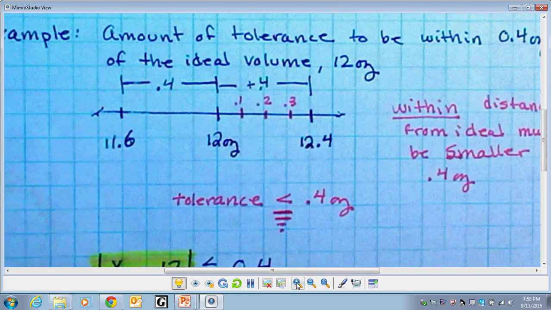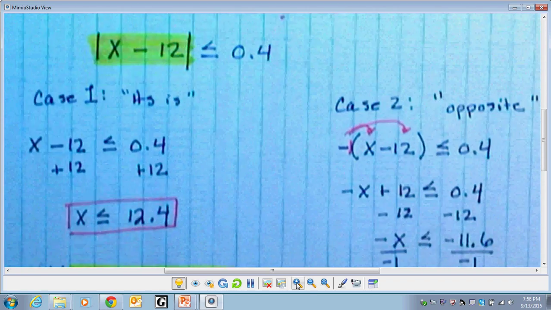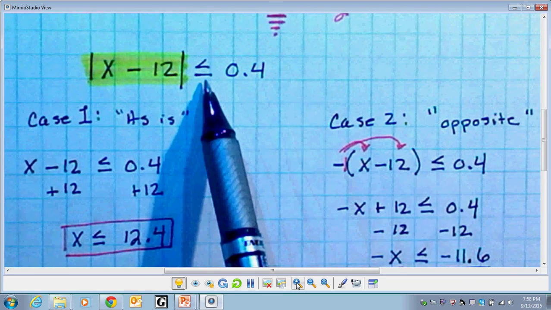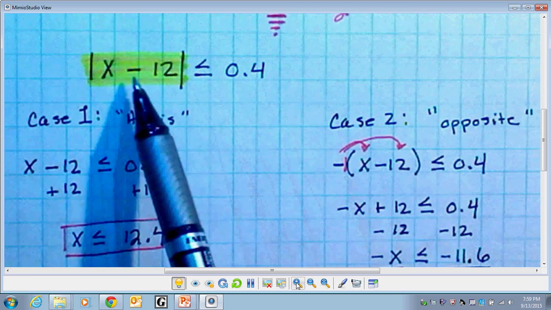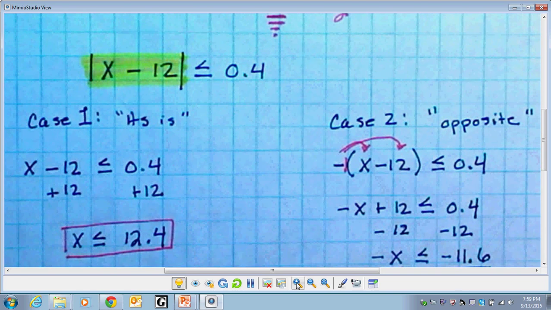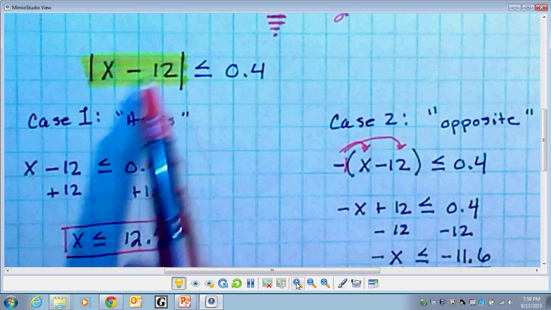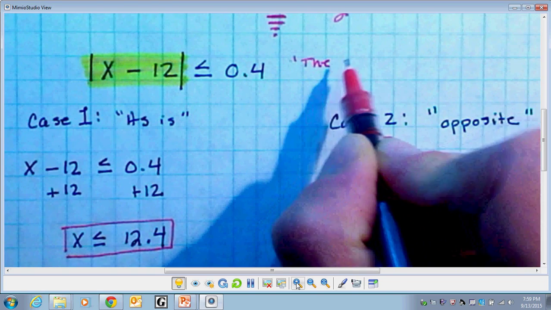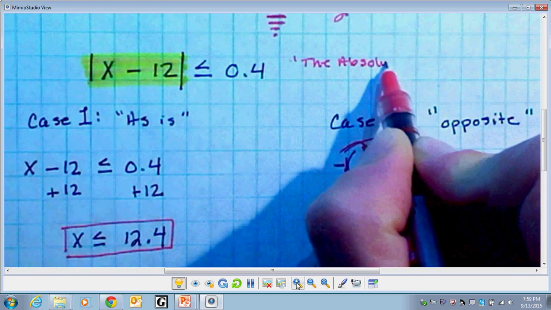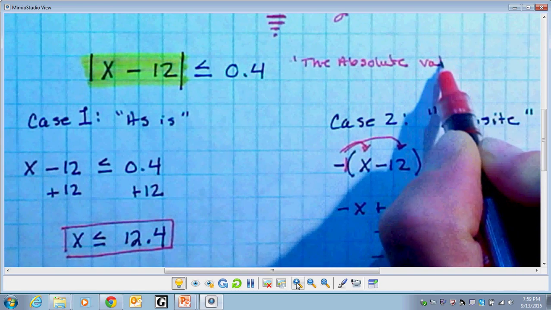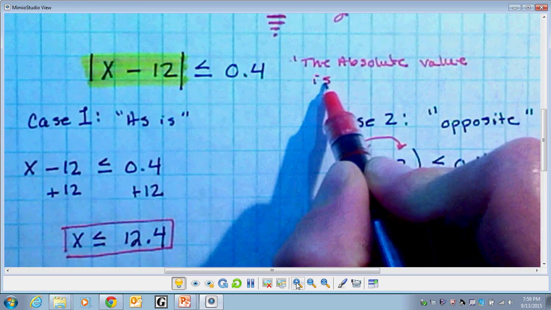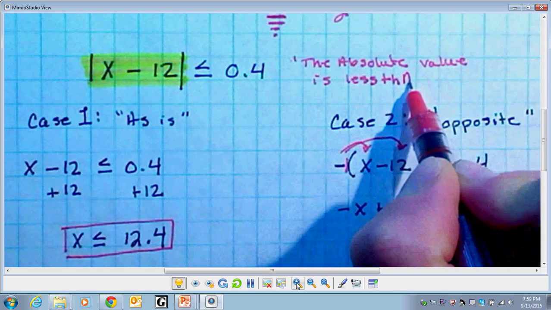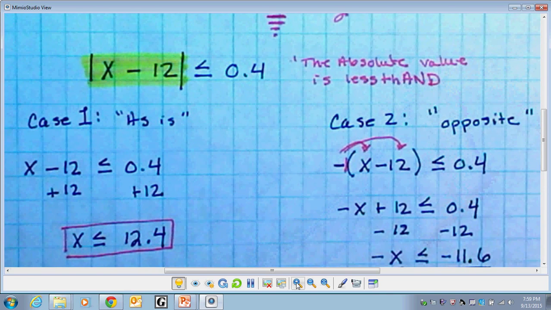So the last thing I want to point out to you is there's another way that we can look at this to try to figure out how we would graph it. So if I were to read this, I would read it like this. I would say something like the absolute value. Notice I'm not going to read what's inside. Too many words is confusing. So I would say the absolute value is less than, but I spell it funny, okay?